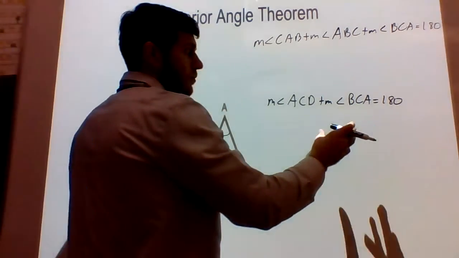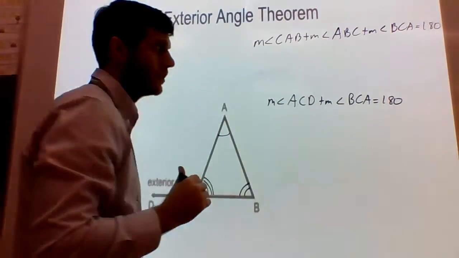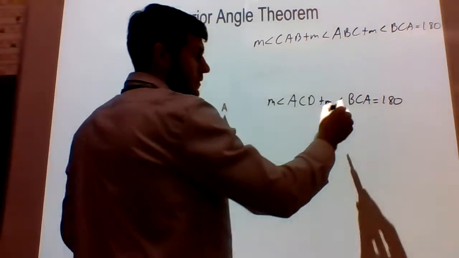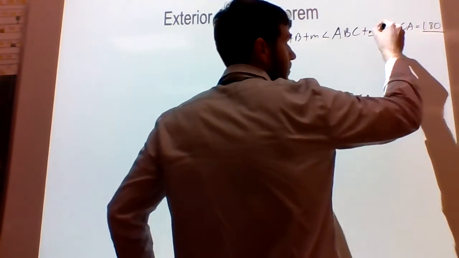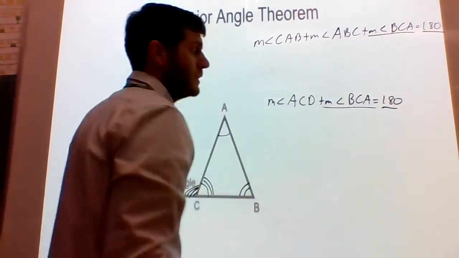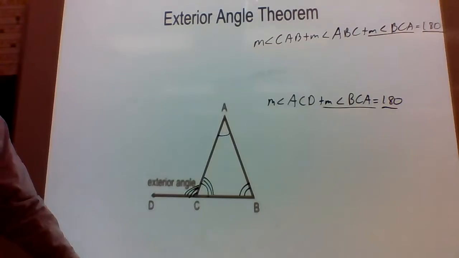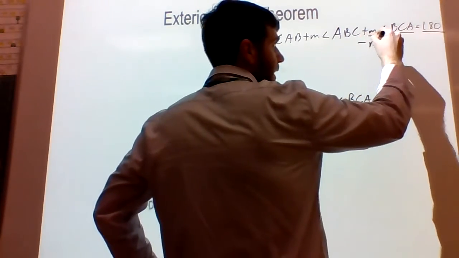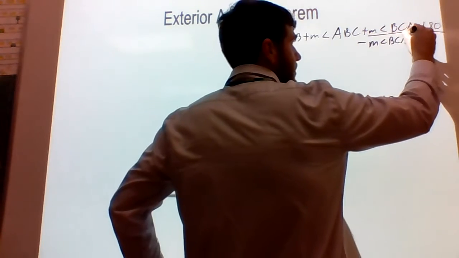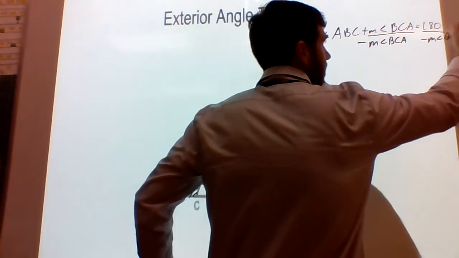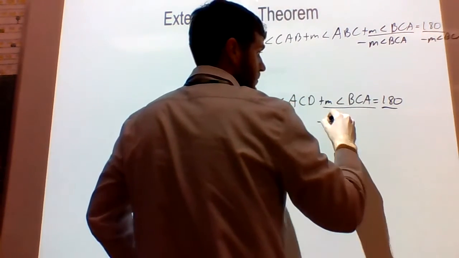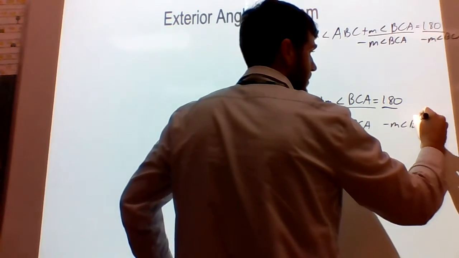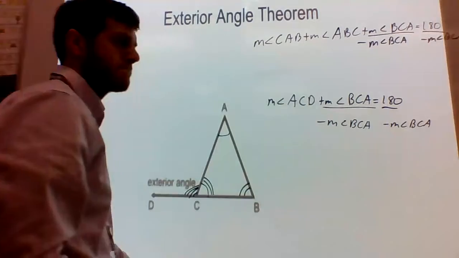So let's look and see what these two equations have in common. They have 180 degrees in common, and they have the measure of angle BCA in common. So let's move the measure of angle BCA to the other side in both equations. So we want to subtract the measure of angle BCA from both sides in both equations. Okay.